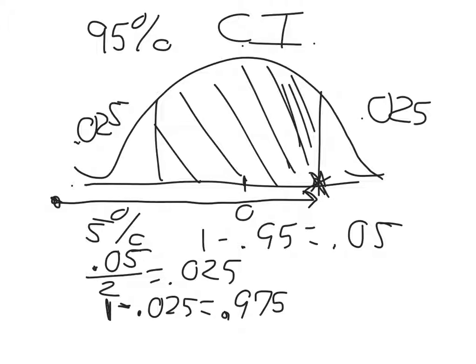And when I do that, I'll pick up 1.9 from the left and 0.6 from the top. So Z is going to be 1.96. And then, of course, on the left-hand side, it'll be minus 1.96. Okay? Pretty good? Good.